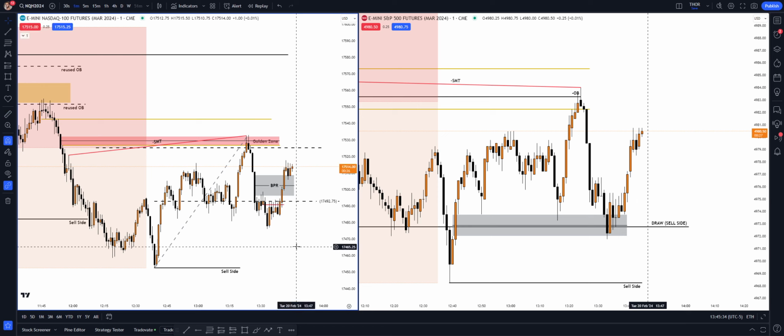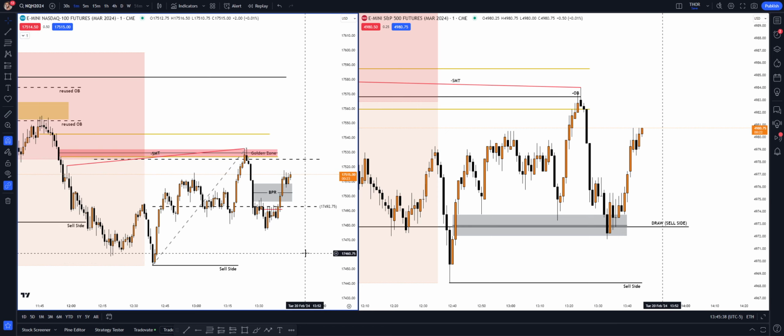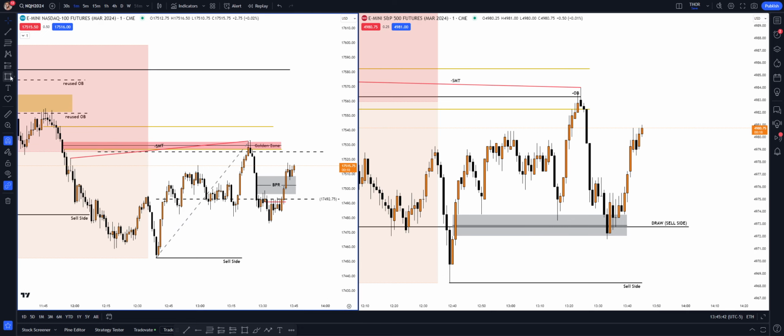What's the 10 handles there? This area looks like a trap.